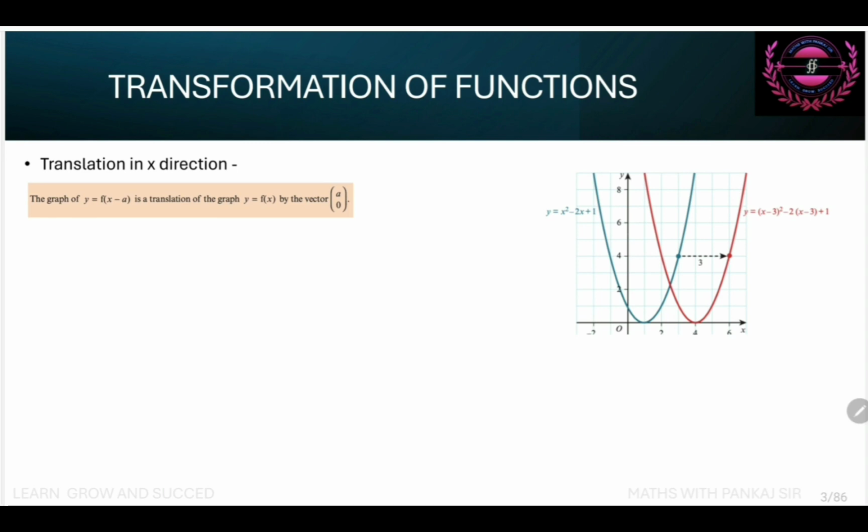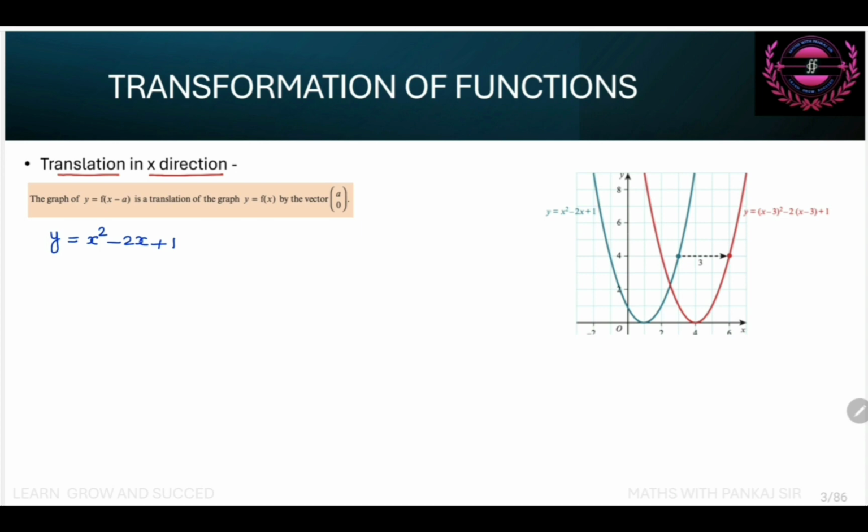So now let us understand translation in x direction. The graph of y equals f(x minus a) is a translation of the graph y equals f(x) by the vector (a, 0). So in the graph itself you can see that we are given y equals x square minus 2x plus 1.